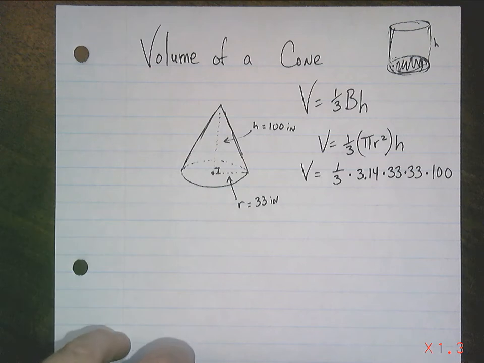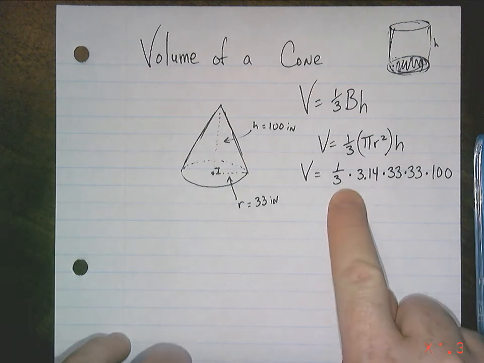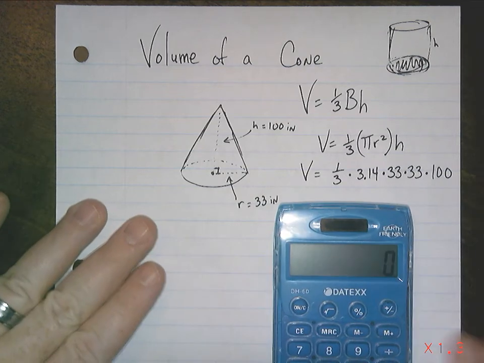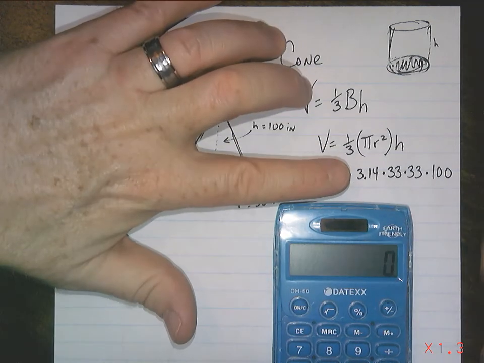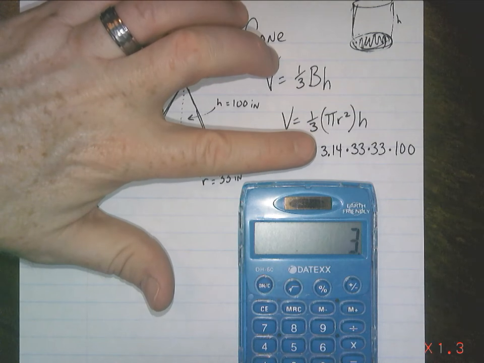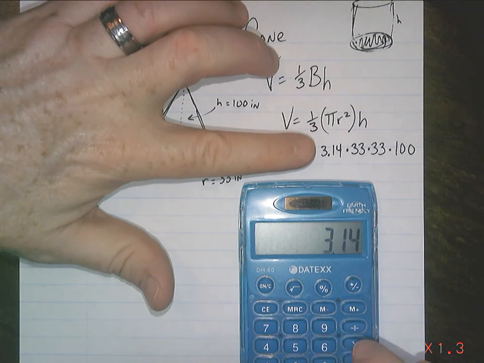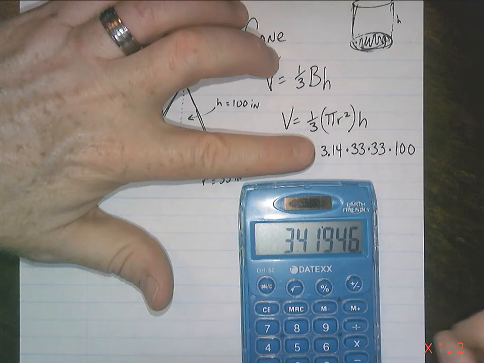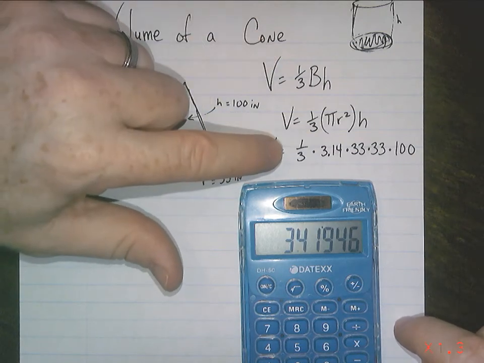So what you can do, instead of trying to figure out a decimal, 0.3 repeating, is just calculate this first. So don't worry about the 1/3 right now. So 3.14 times 33 times 33 times 100 equals, and then now you want to find 1/3 of that.